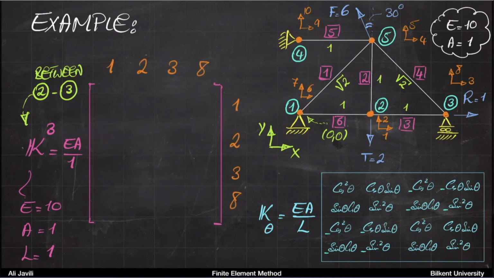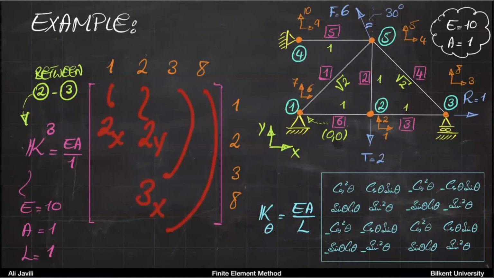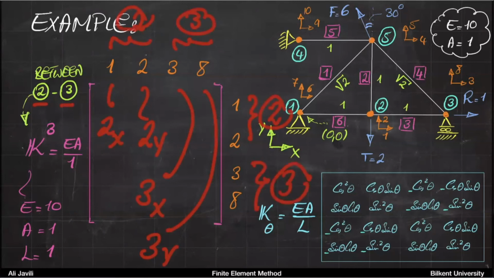Okay. And then again, this one basically means 2x. This is 2y. This is 3x. This is 3y. And then the 2 and 3 come from here. So this is node 2, node 3.